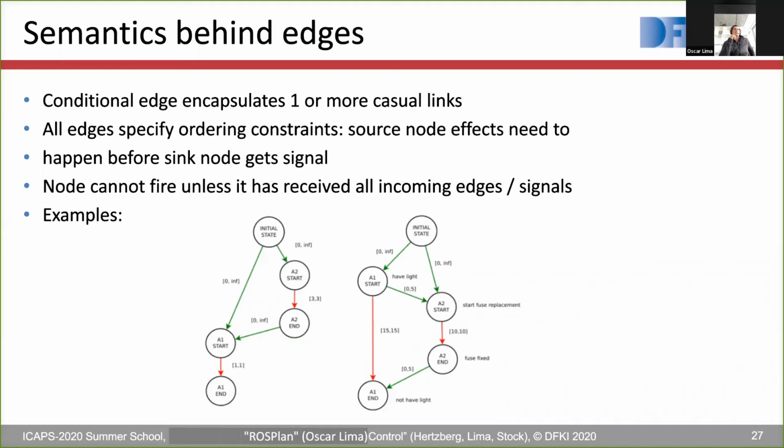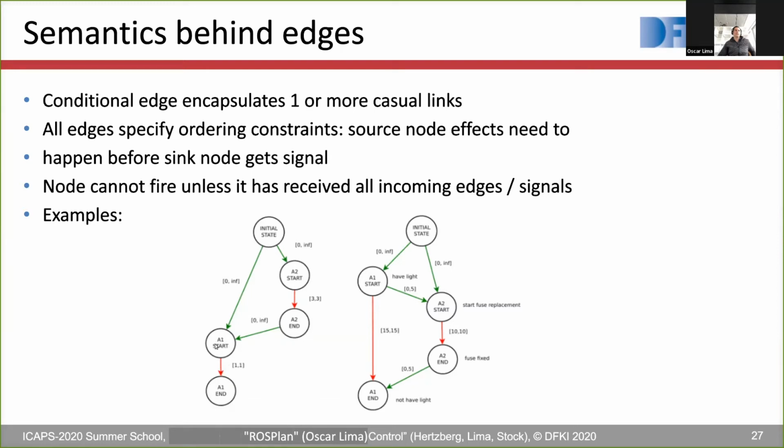And then basically all of the edges, it doesn't matter if it's a conditional edge or a start end action edge or an interference edge, all of the edges represent ordering constraints. This means that unless the node has received all incoming edges, it cannot fire the action.